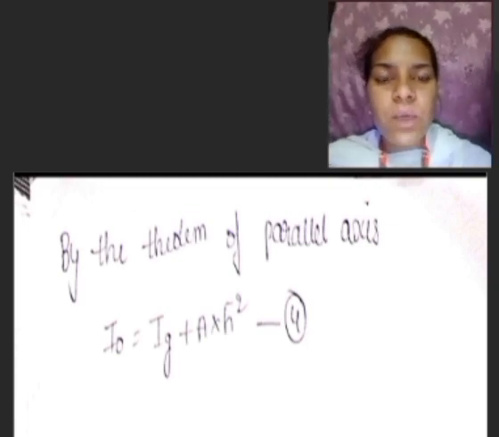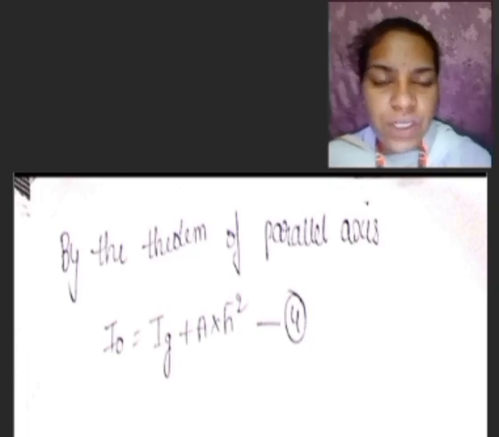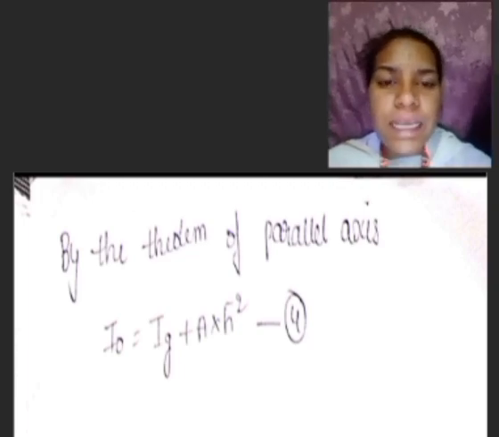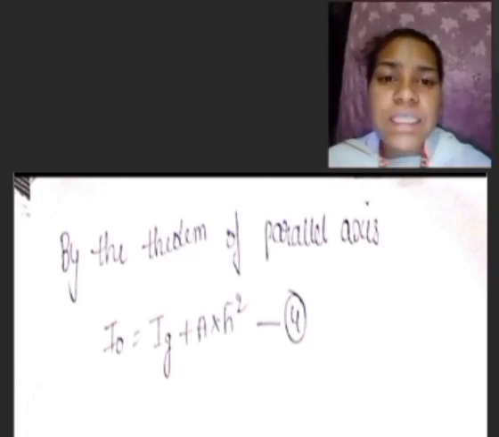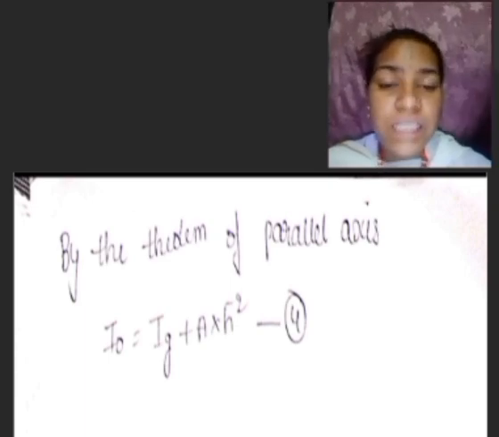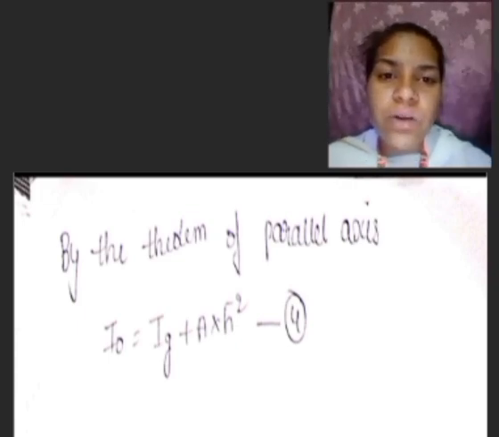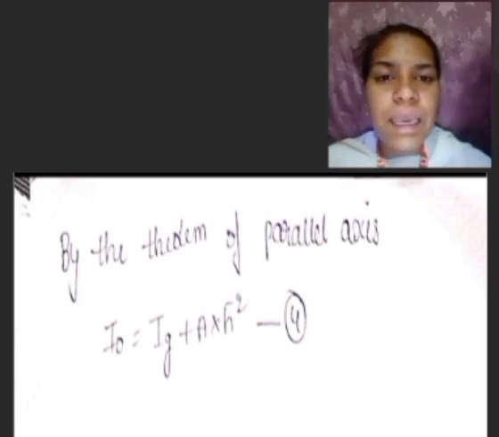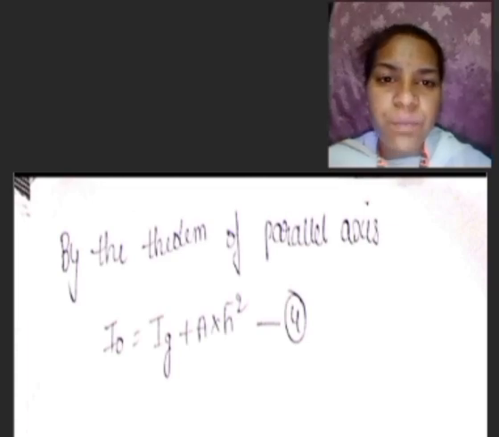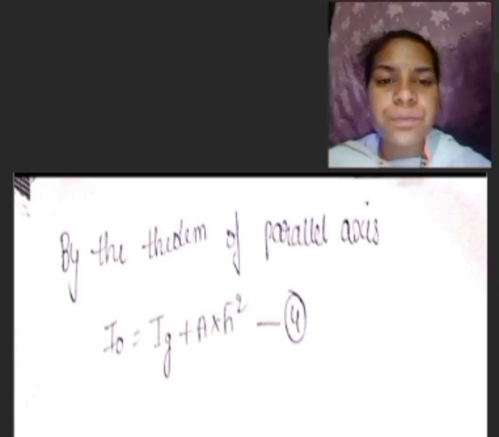And this is the standard formula for the theorem of parallel axis, that is I naught is equal to Iz plus a into h dash square. We consider this as equation 4.